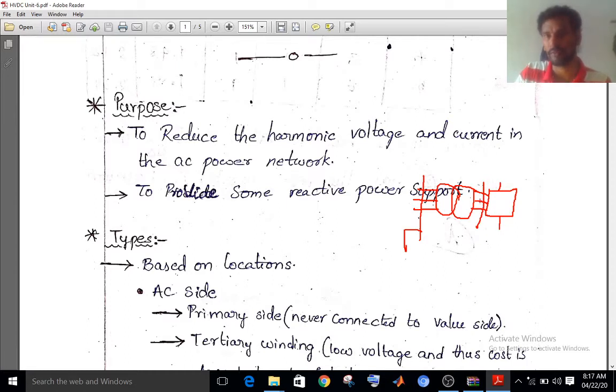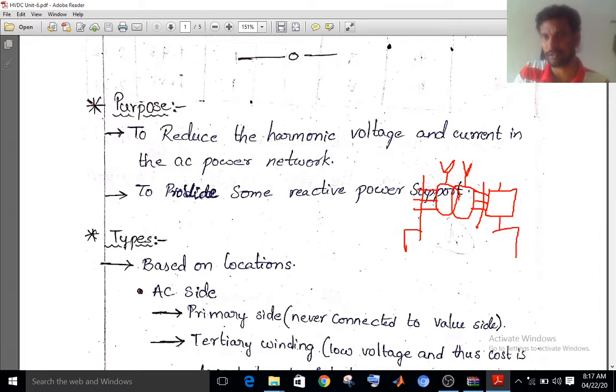If I connect my filter on the valve side of the transformer, we need to design the filter for all the harmonic components that are produced. Due to the connection of the transformer windings, for example, this is star star, this is one 6 pulse bridge.